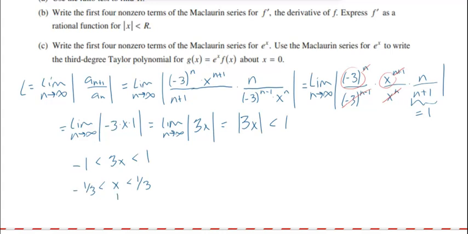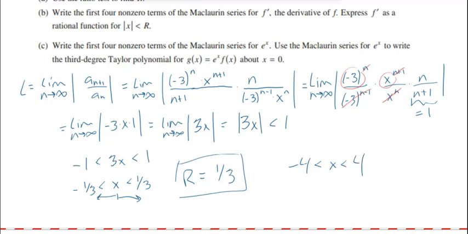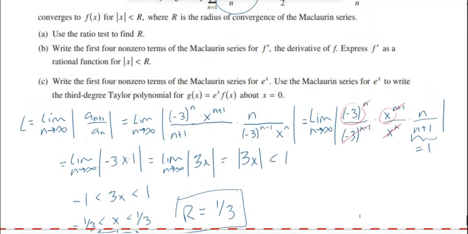Well, it would just be from 0 out to 1/3 or 0 back to negative 1/3. So the radius here is 1/3, and we should see that because, if it was negative 4 less than x less than 4, for example, then that radius would be 4. So this is just 1/3. So get rid of this, and we'll check to make sure we found the answer to part A.